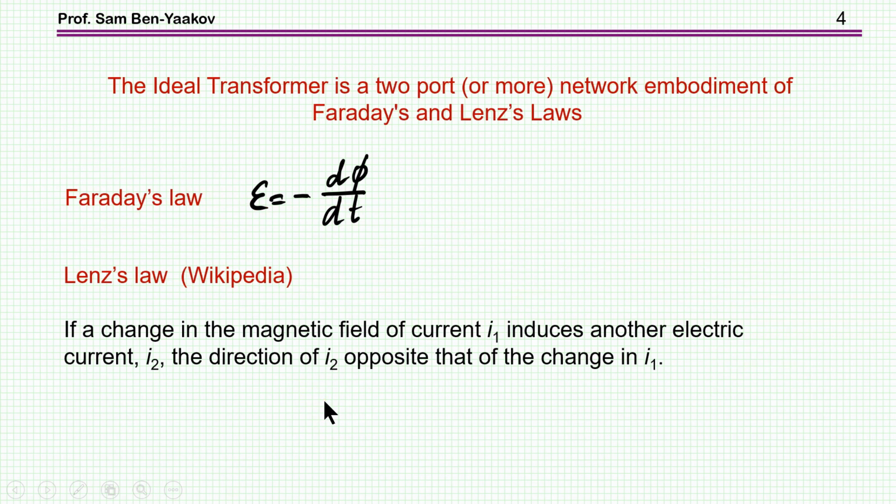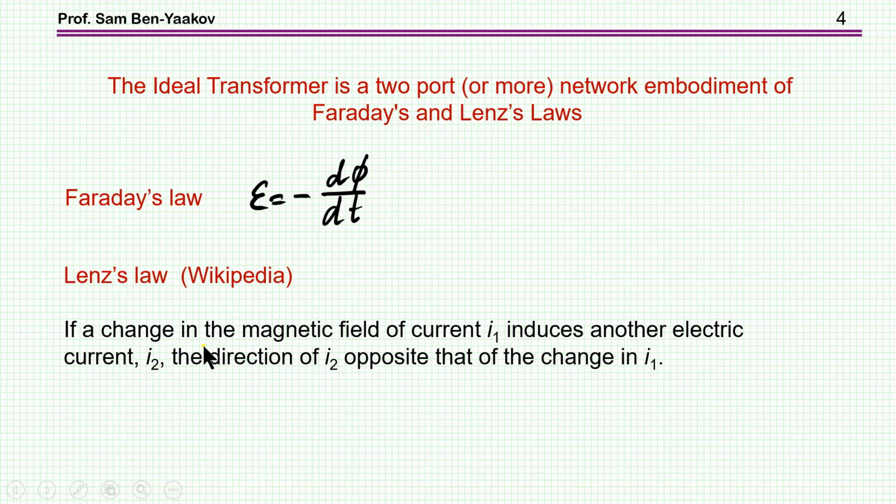To my mind, an ideal transformer is really an embodiment of Faraday's and Lenz's law. Now, what is Faraday's law? It says that there is a relationship between the voltage imposed or generated by a coil and dφ/dt, the rate at which the flux is changing.